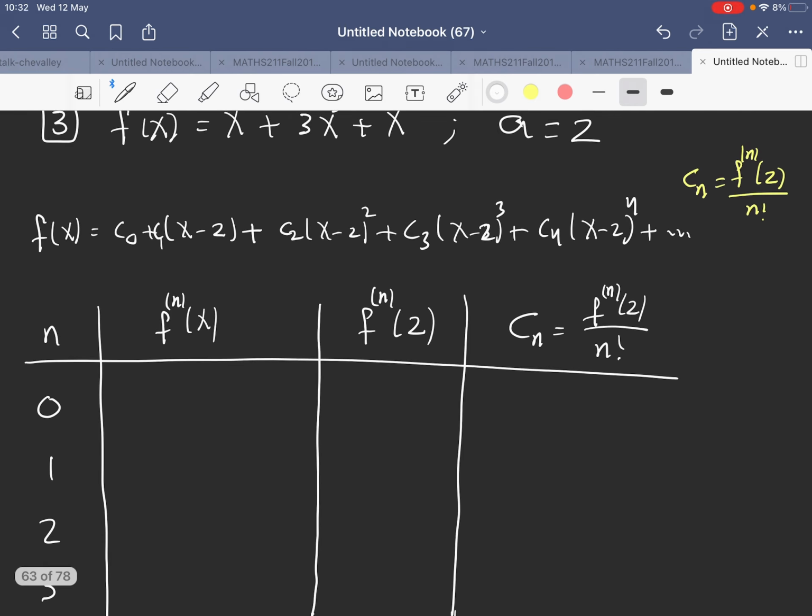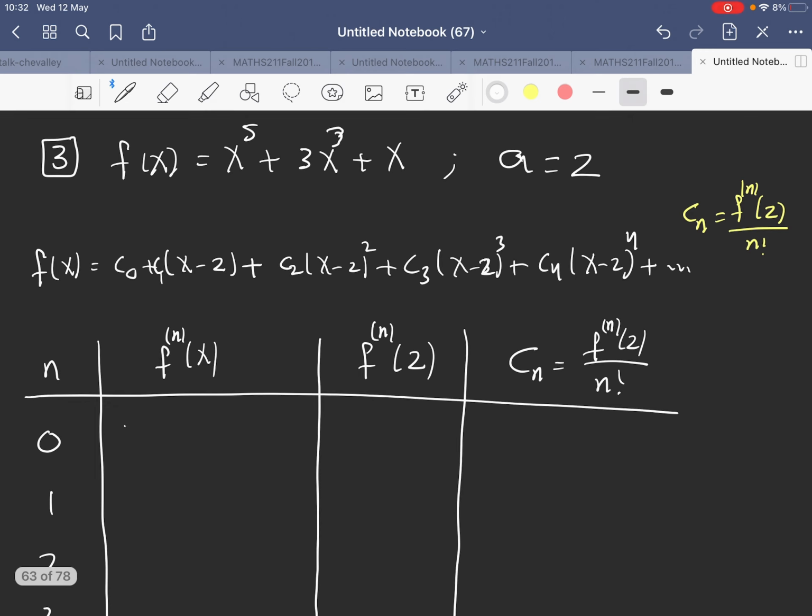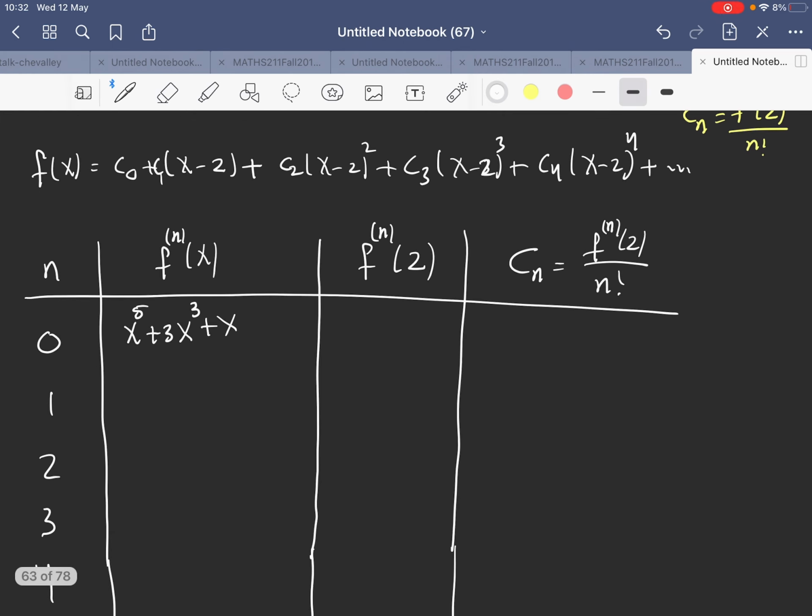Now, what is my 0th derivative? It is the function itself. So the first derivative is 5x^4 plus 9x^2 plus 1. Next derivative, 20x^3 plus 18x.